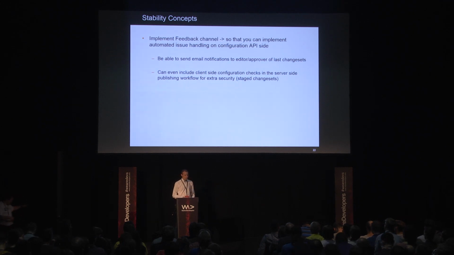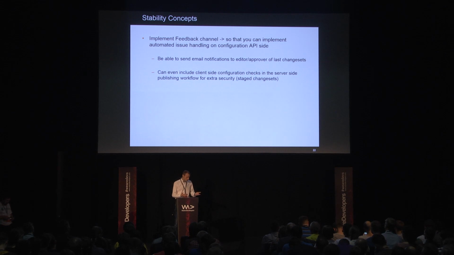Yeah, and last but not least, implement a feedback channel, so you can have kind of automated handling on the core system side. How we are using that at the moment is we are trying to notify the editors and approvers of changes that are invalid. So when the application finds out, I get new config, but I don't like it, it gives this information to the core system, and then the core system notifies the ones that have created the mess.